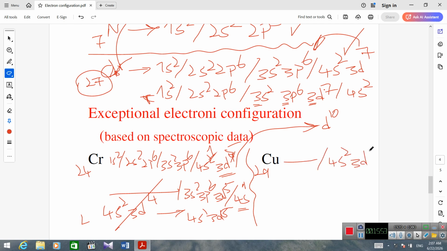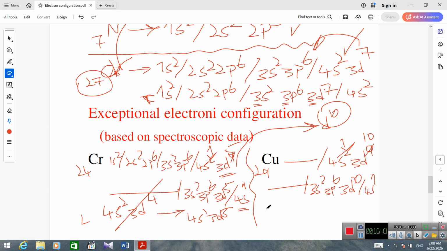And for copper, 29, as I said, because the number of electrons in d, when the total number is 10, the sublayer is filled, we must change, and the sublayer will fill in this state, and as a result the electron configuration for copper is 4s1 and 3d10, and ordered arrangement 3s2, 3p6, 3d10 and 4s1.